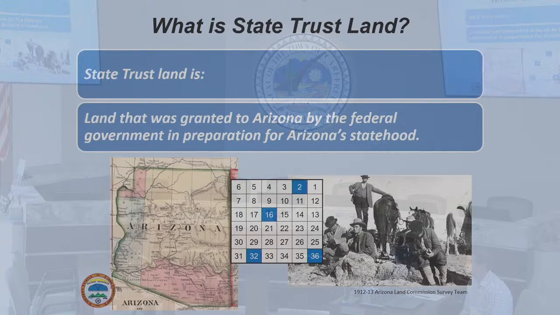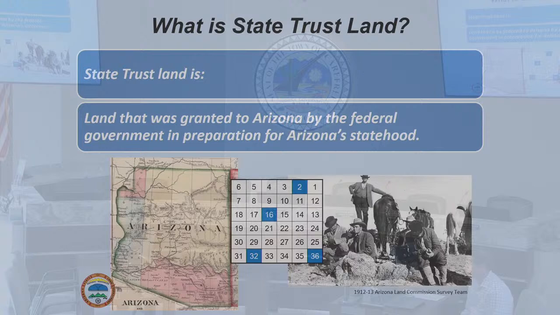So state trust land, when Arizona became a state, the federal government recognized that our new state needed a revenue resource to fund essential public services such as schools, hospitals, prisons, even the government itself. And so the federal government, an act of Congress, allocated 10 million acres of what was federal land to the state of Arizona to manage as a trust, as an asset to fund those resources.